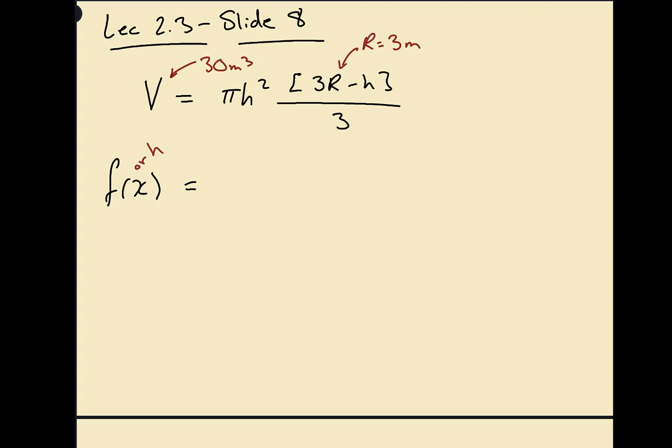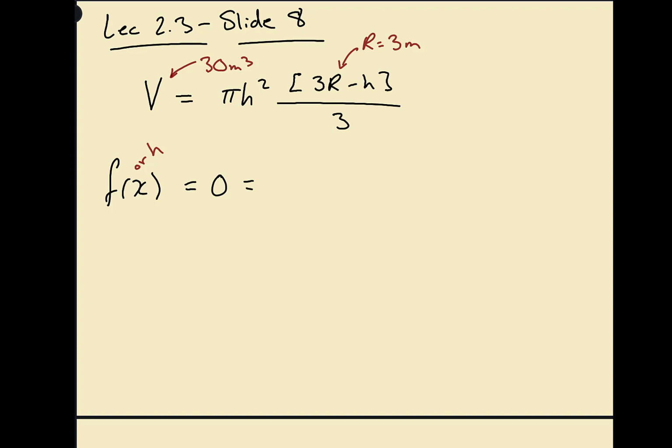How do we make the function equal to 0? We move whatever's on the left to the right side. Simply. So we're going to subtract the volume from both sides. So this is the function which should equal 0 if h is correct. So if we found h, where h will give us the volume of 30, this will equal 0.